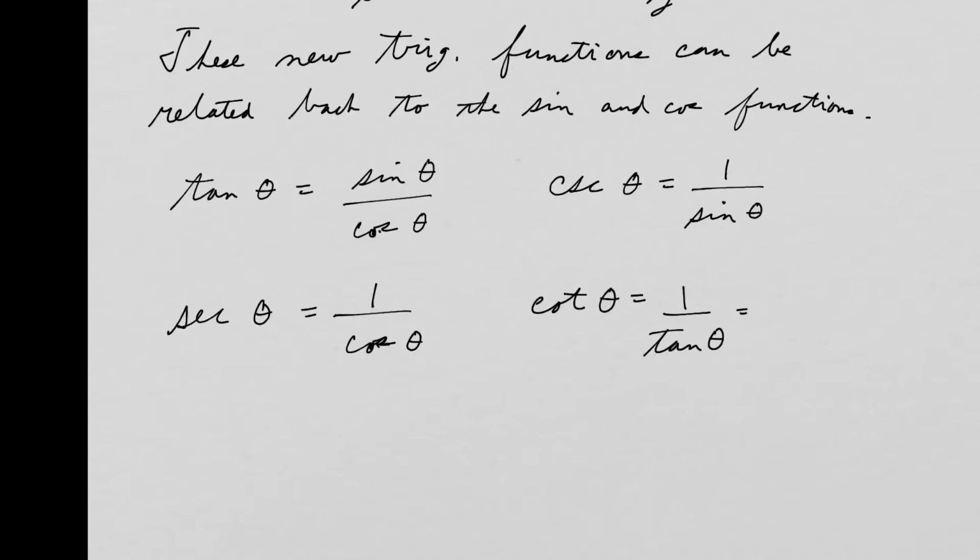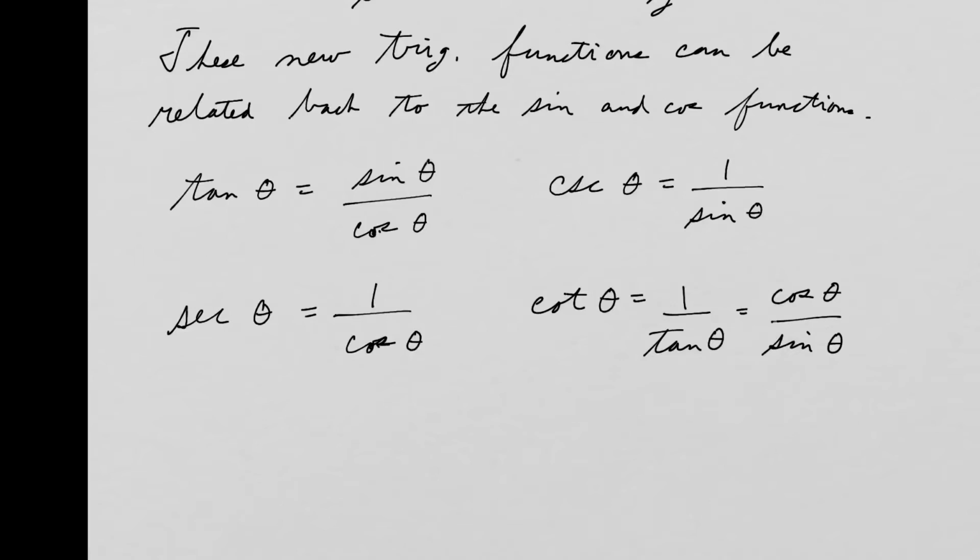But remember, since tangent is sine over cosine, this is going to flip it. This is going to be cosine of theta divided by sine of theta. Okay? And these relations here are called identities, right? Identities are statements that are true for all values of the input on which they are defined. So these are just identities. Everything relates back to sine and cosine.